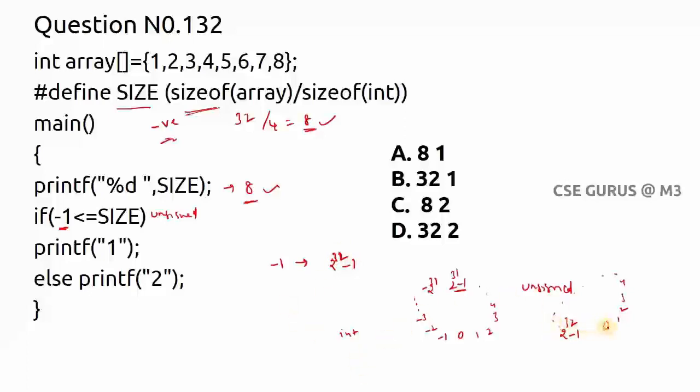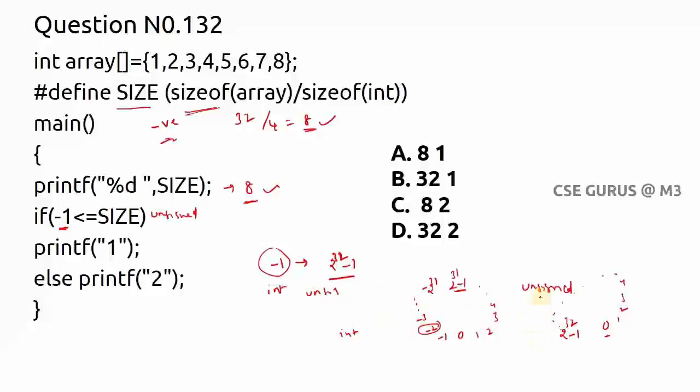So now if I decrement, what is the value of -1? Actually after 0 you are getting -1. So in unsigned integer, what do you get after 0? 2 power 32 minus 1. That's why -1 in integer has the value 2 power 32 minus 1 in unsigned integer. What about -2? 2 power 32 minus 2.